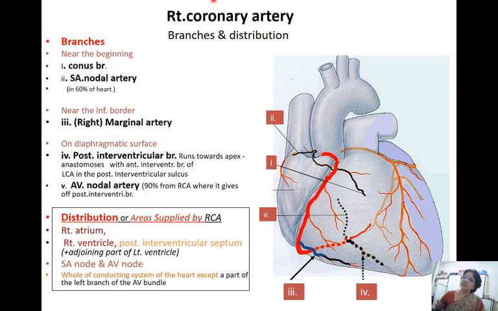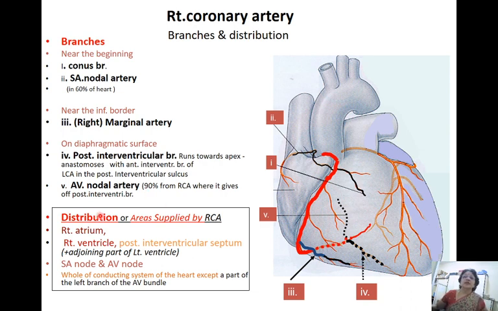Another way to ask this question is, what is the territory or area of distribution of this particular vessel? How much does this one vessel supply? We are particularly interested in the myocardium, not the endocardium or epicardium. The endocardium absorbs a very small amount of oxygen from the circulating blood.